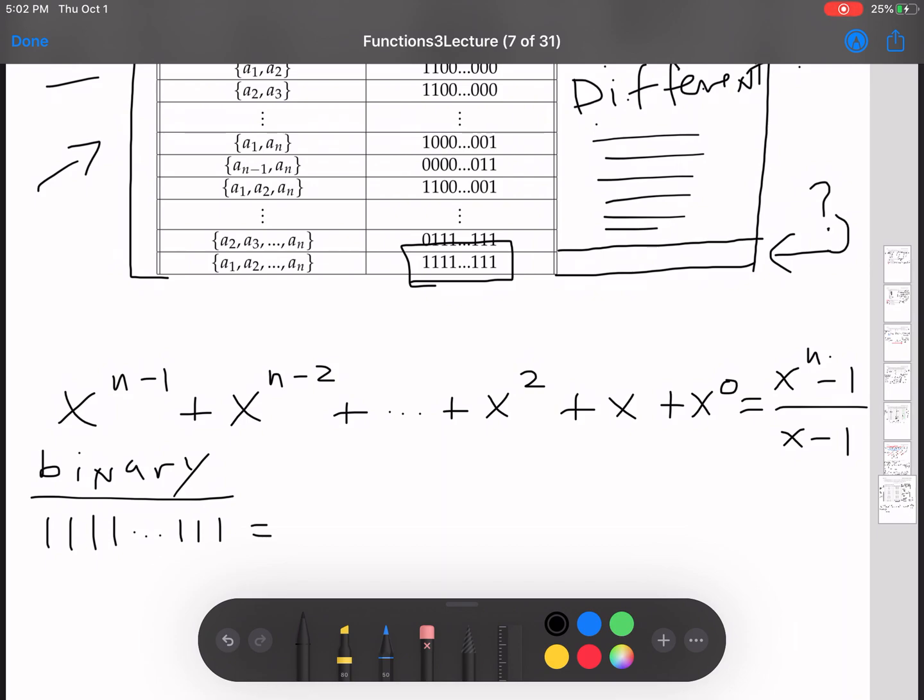We would start at 2 to the 0. So this would be 1 times 2 to the 0, plus 1 times 2 to the 1, plus 1 times 2 squared. Okay, I'm running out of room here, but I'll make it work.